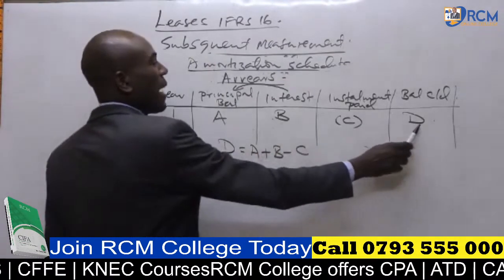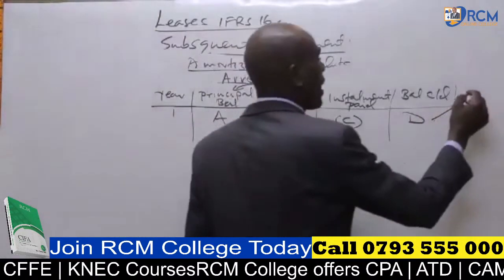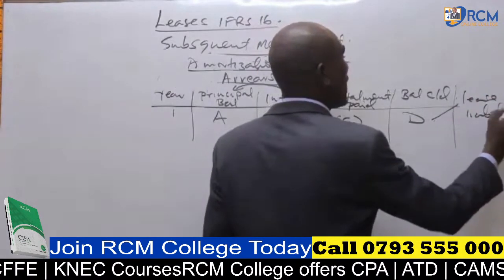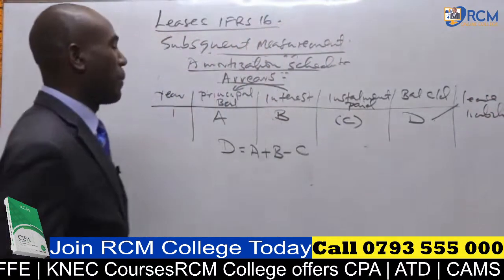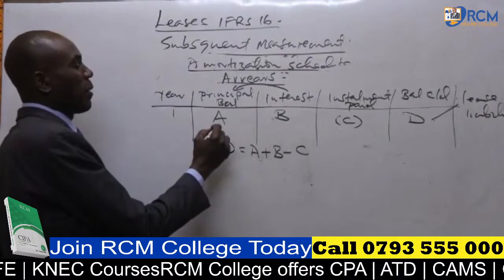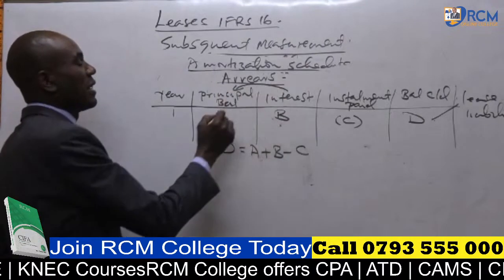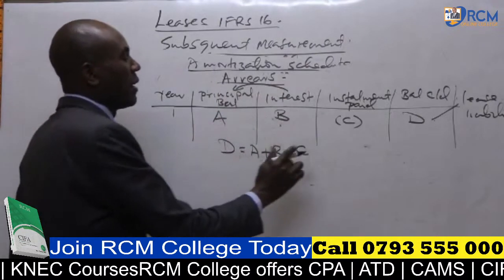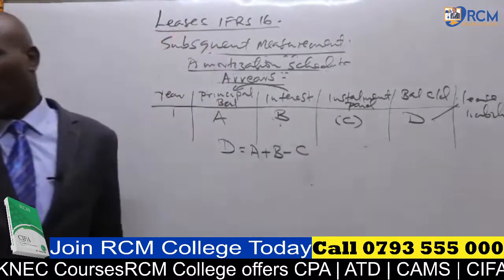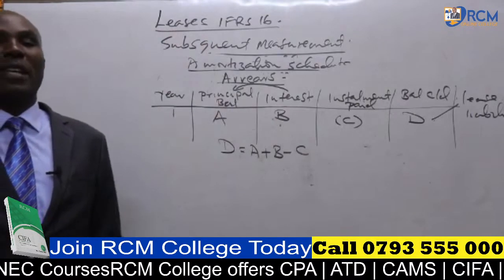This D, balance carried down at the end, will be the lease liability. What I'm going to report at the end of the year as my lease liability is D equals A, the principal balance, plus the interest, and we charge the interest on the principal balance. Then I less the installment, I get D. That is how we do the amortization schedule when payments are made at the end of the year.